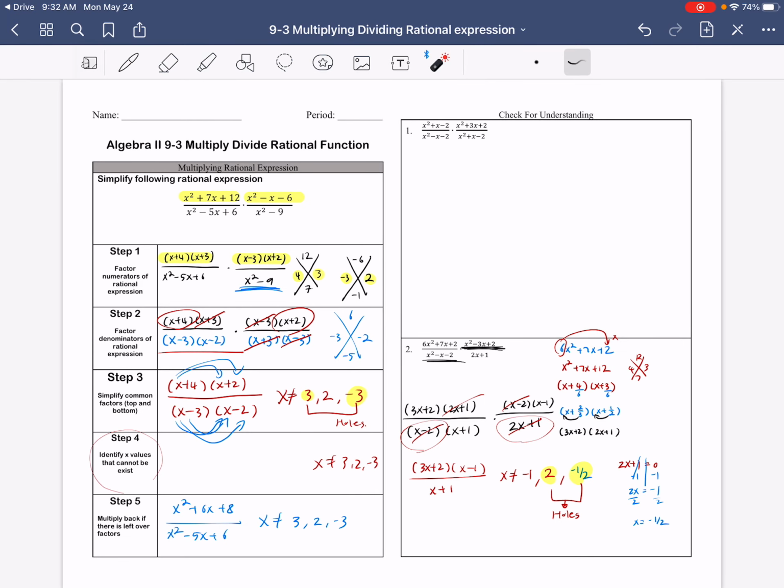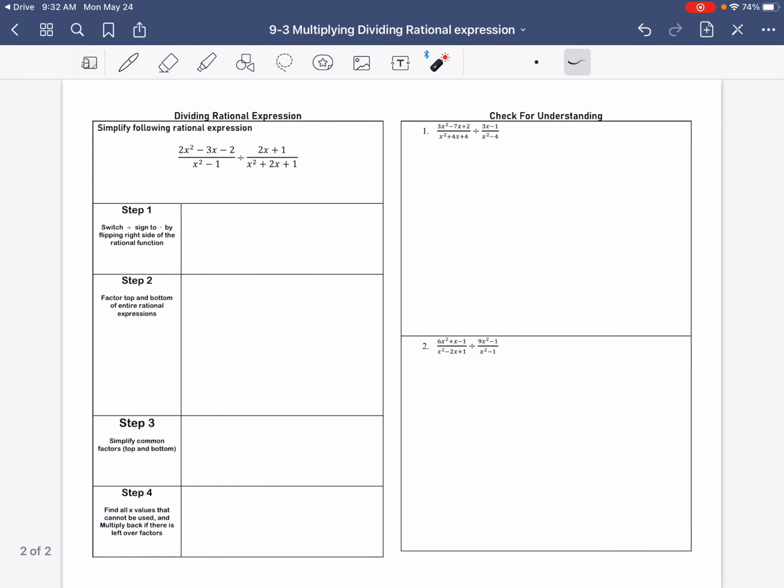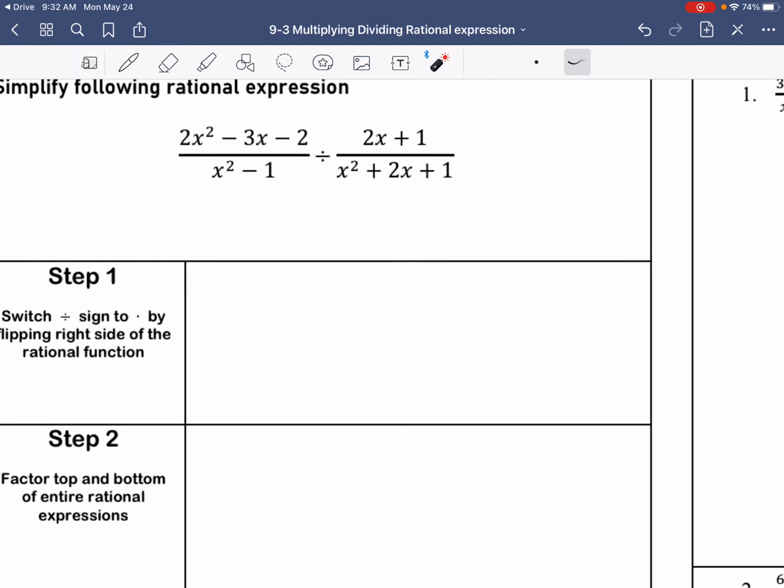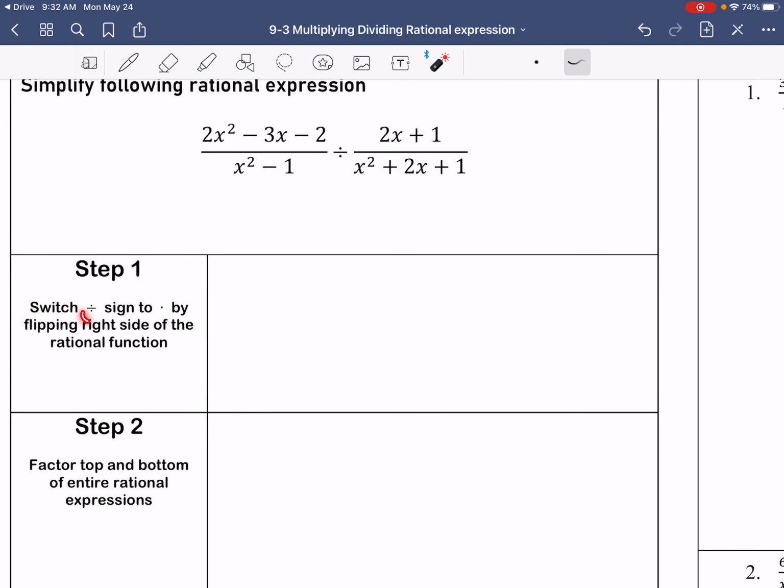So that's the multiplication. Now let's do division, okay? I will go over this and maybe this. So you're going to do this one by yourself, okay? So you remember, for example, this random thing. Let's say you have 3 over 2, divided by 1 over 3. You can change it to 3 over 1. You flip it like this, right?